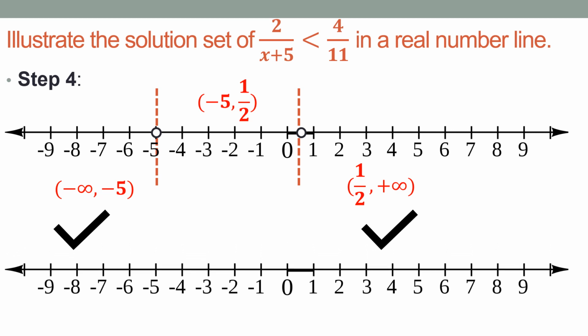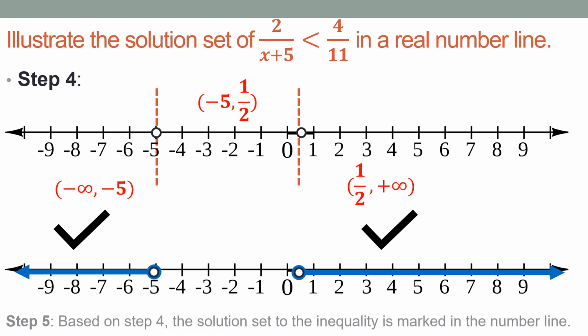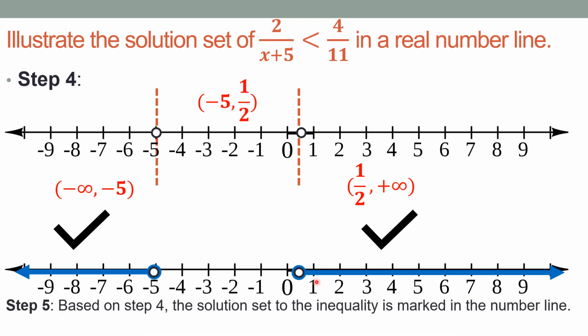So that means that the solution set for this rational inequality would be all values of x from 1/2 going to +infinity, and from -5 going to -infinity. 1/2 and -5 are excluded. Okay? Based on our step number 4, the solution set to the inequality is marked in the number line.